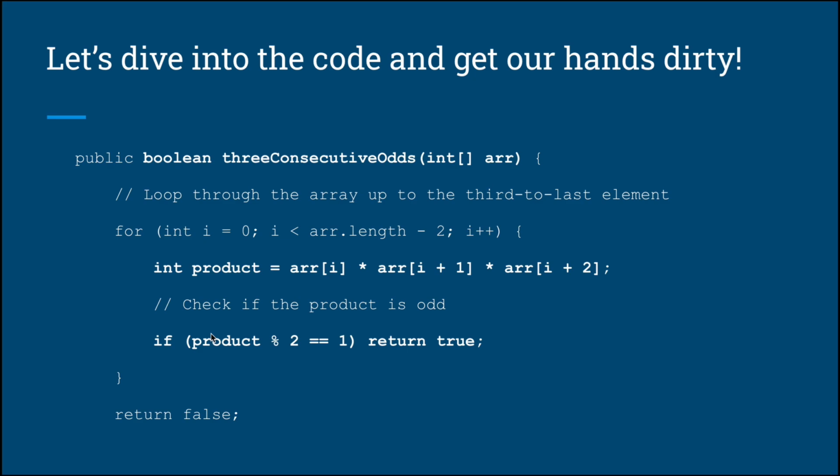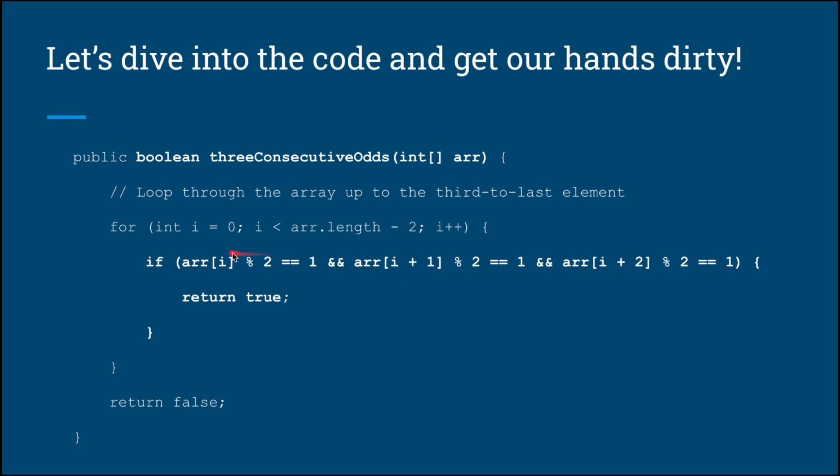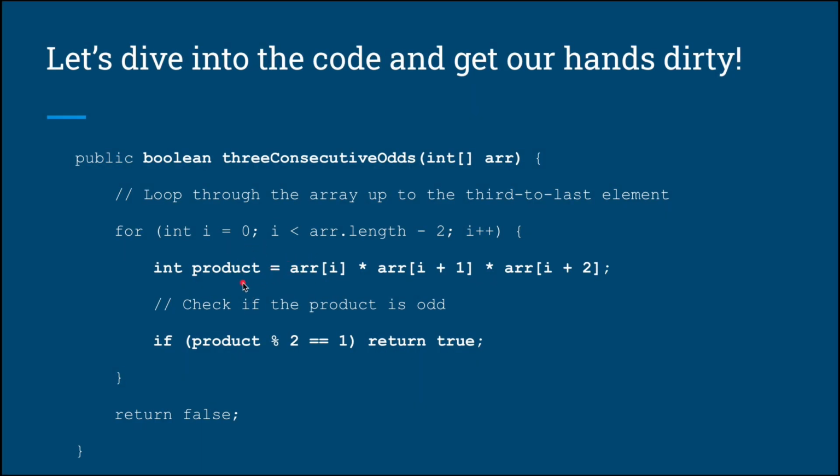And after that, regarding the product of three consecutive elements being odd, if we check separately like this, we can directly check the modulo. We'll take the modulo and check that the remainders are coming 1, 1, 1, and then we can return true. It is a better approach because we don't need to multiply, since that is unnecessary and risky if the numbers are large.